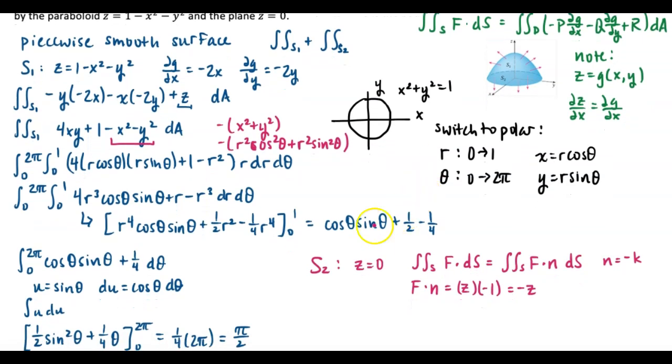And so we're going to be left with this double integral over some surface of negative z dS, and I should call this a dS because I haven't quite gotten rid of the fact that we are taking a surface integral. And what's z? Well, z is just equal to 0. So this is going to become the double integral of 0, which is just 0.